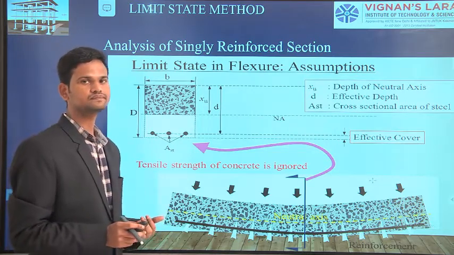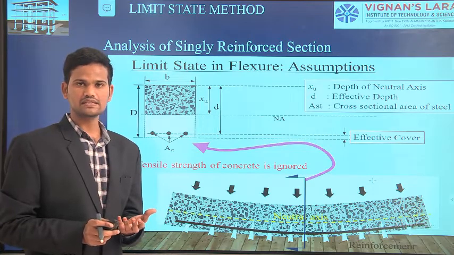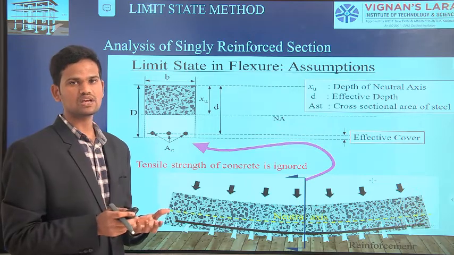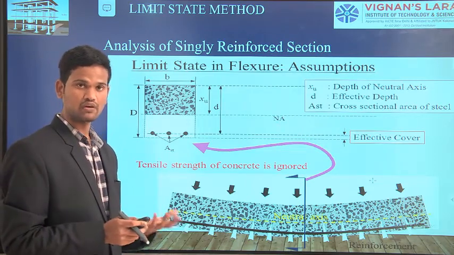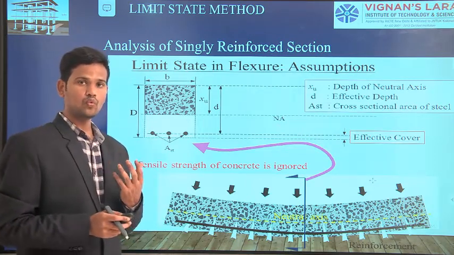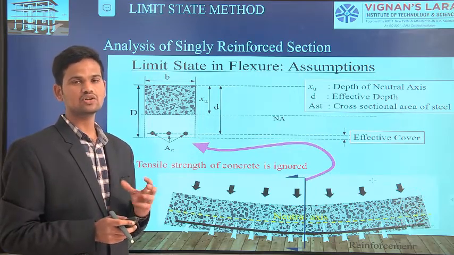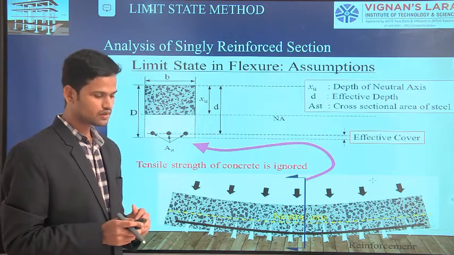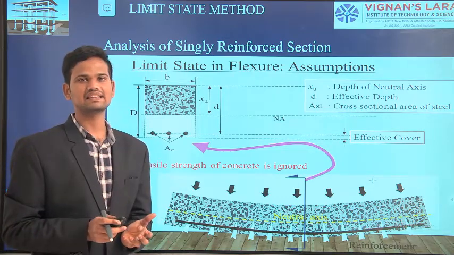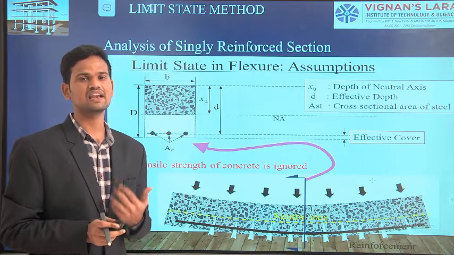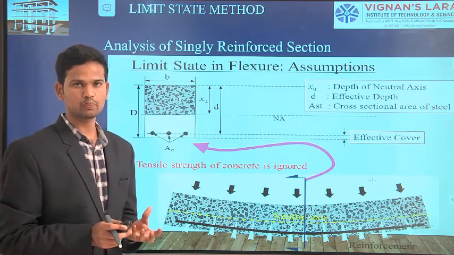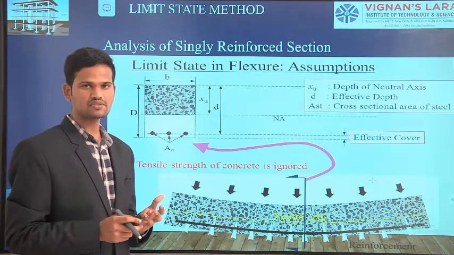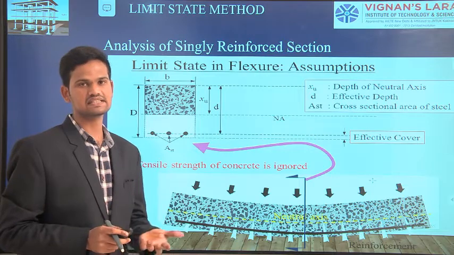The stress block is parabolic from the neutral axis to the strain of 0.002 and rectangular to the strain of 0.0035. The tensile strength of the concrete is ignored for any type of sectional members. The tensile steel strain shall not be less than 0.002 plus 0.87 Fy by Es. These are the various assumptions we discussed in our previous sessions.